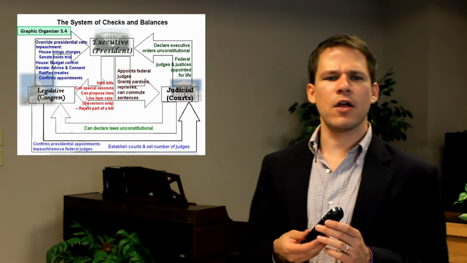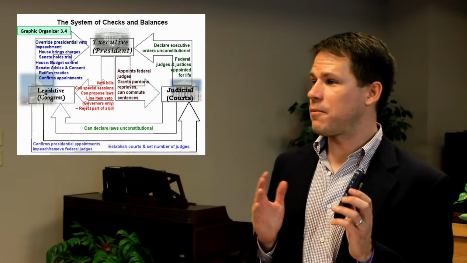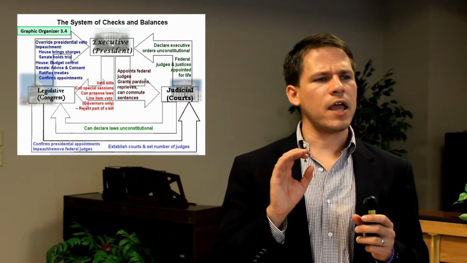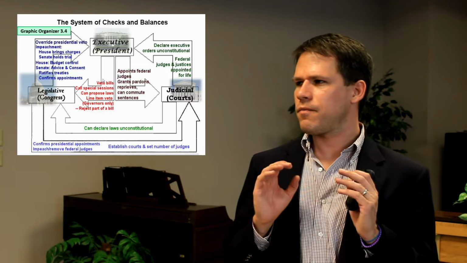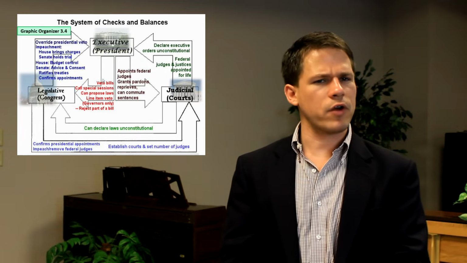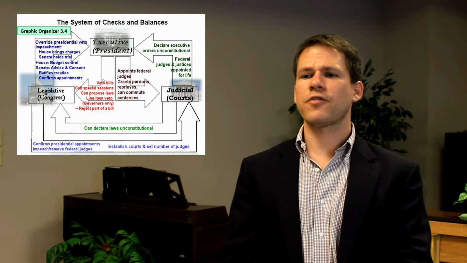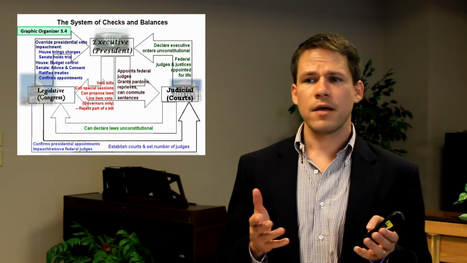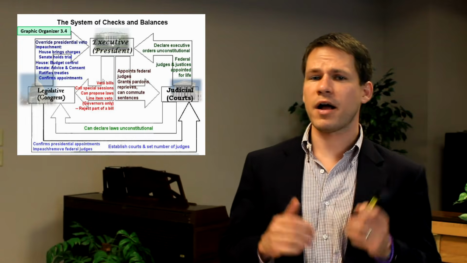And then you see here a map of the system of checks and balances. This is where even government officials aren't sovereign in their own sphere. Because how does somebody get on the judiciary? Every federal judge has to be nominated by the president and approved by Congress.